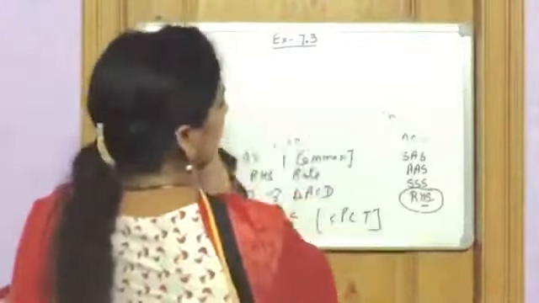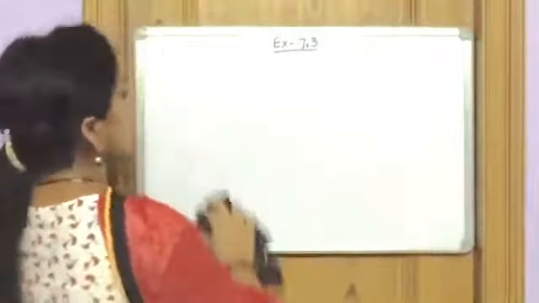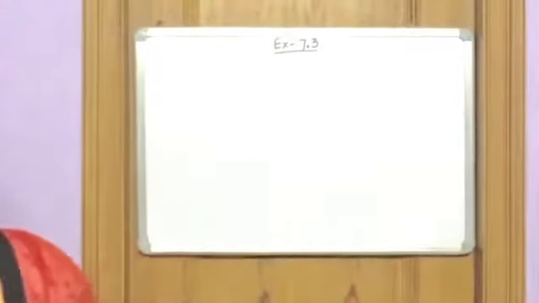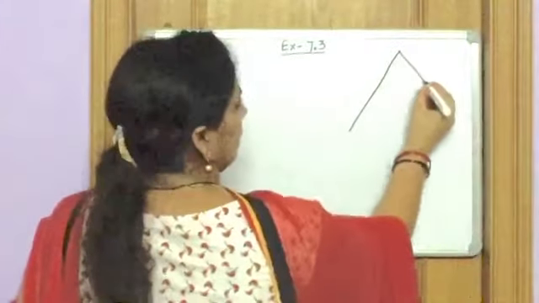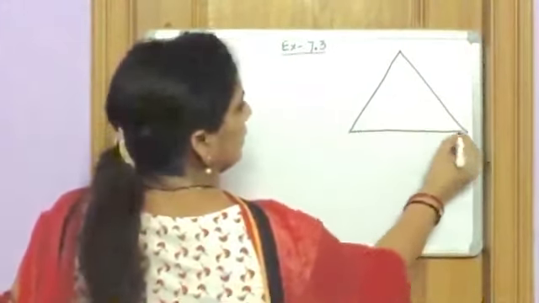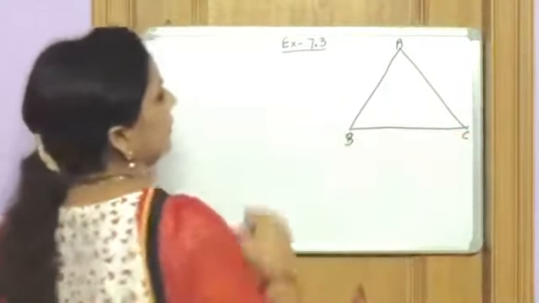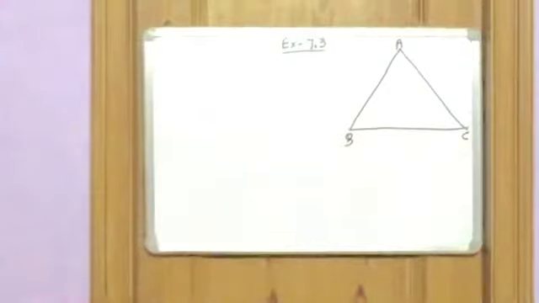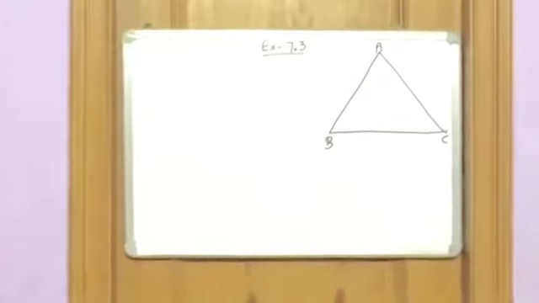In the next question, you are given again an isosceles triangle. The figure is not given in the question, but the statement is BE and CF are two altitudes of a triangle.